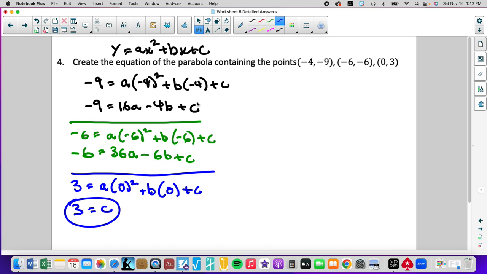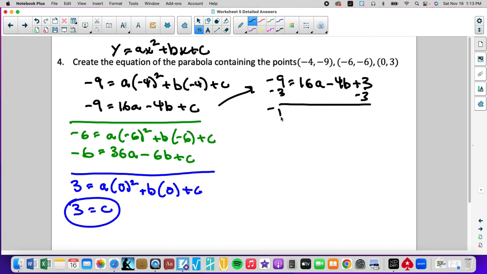Now we can go back here and substitute that in. So we get the equation, I'm going to move it up a little bit. So -9 equals 16a minus 4b plus 3. And now let's move that over, so we'll subtract 3.